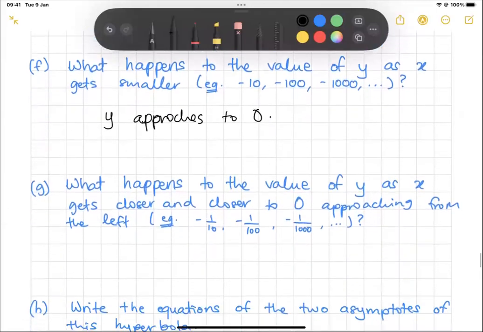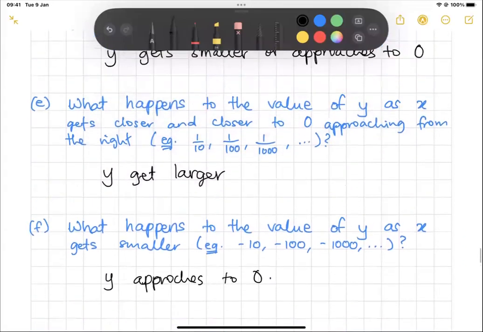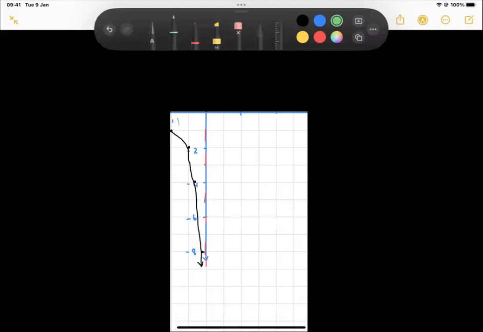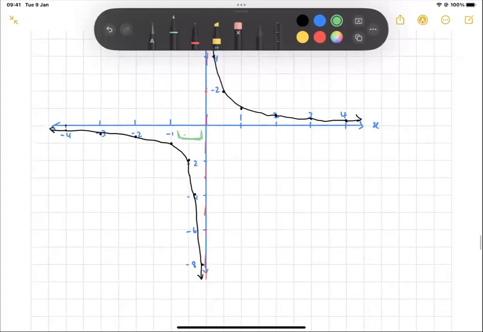Then for question G, what happens to the value of y as x gets closer and closer to 0, approaching from the left? Meaning that it's an example of -1/10, -1/100. So that means my fractions, right? So I'm dealing with now this part here. Yeah. What happens? Well, it actually gets smaller, right?